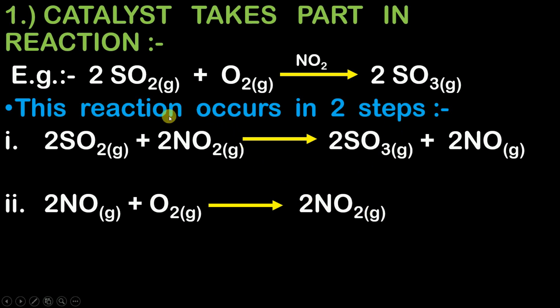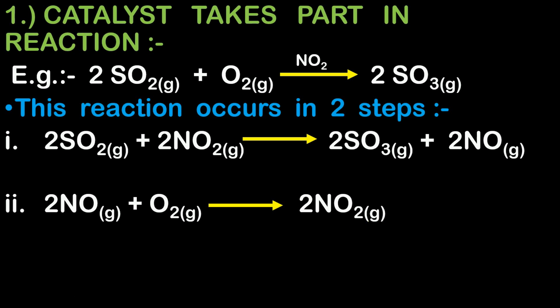See, we have added a catalyst over here, and by the end of the reaction we must get catalyst as it is. So as you can see over here, the catalyst got consumed and it got converted into products by reacting with SO2, but by the end of the second step we have got our catalyst back as it is. So guys, can I say that the catalyst is regenerated?